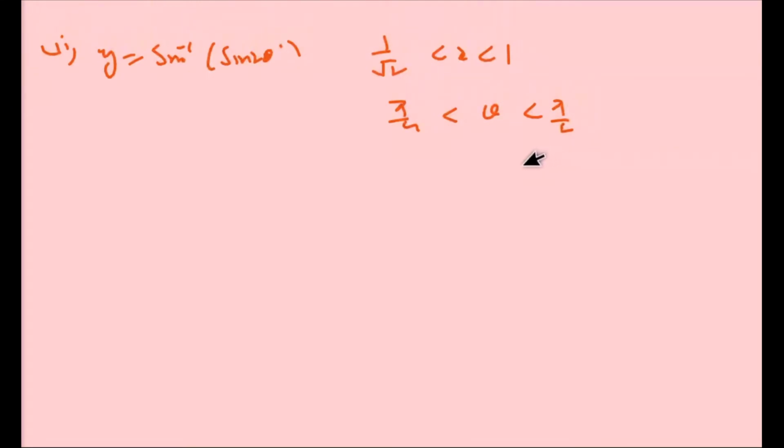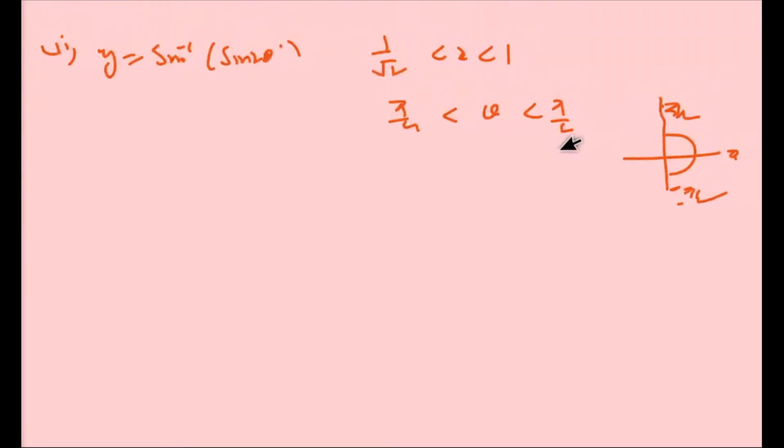But our range is minus pi by 2 to pi by 2, or you know the range, minus pi by 2 to pi by 2, or 0 to pi by 2, or minus pi by 2 to 0. Okay, somewhere we have to adjust this one.